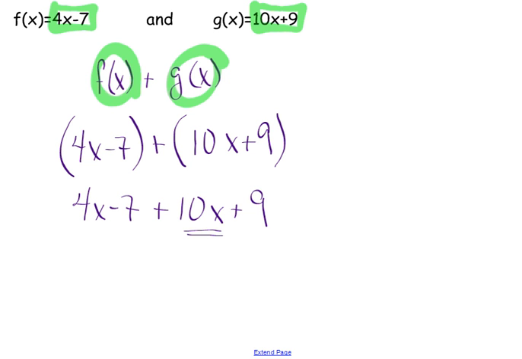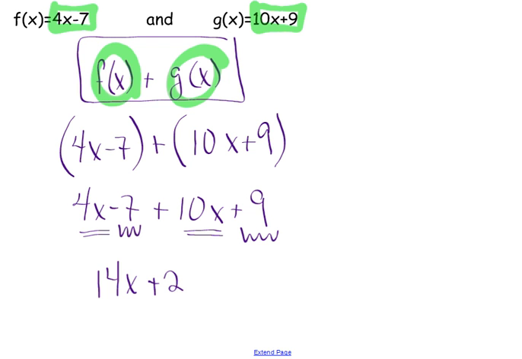I'm going to combine like terms, right? 4x and 10x is 14x. Then these terms are called constants, they have no variables, and negative 7 plus 9 is positive 2. So the answer to f of x plus g of x is actually 14x plus 2.